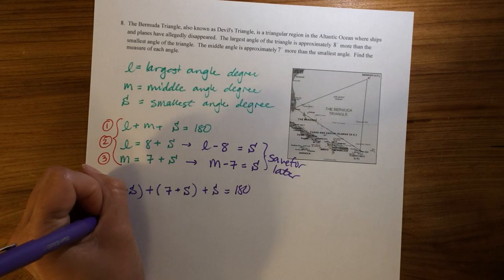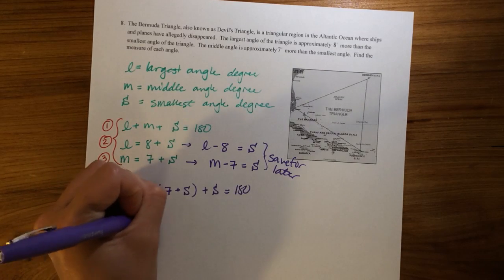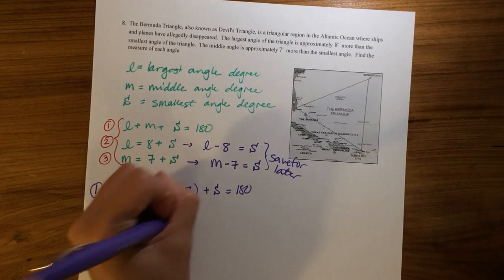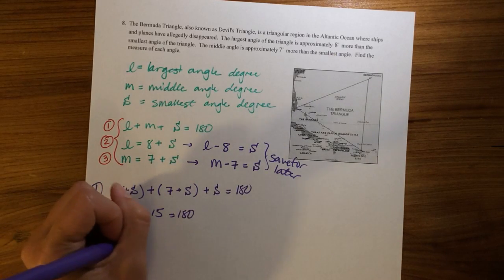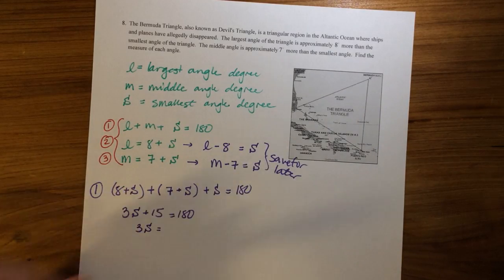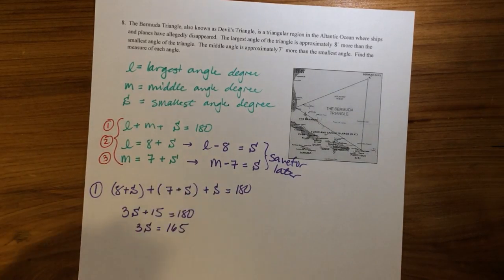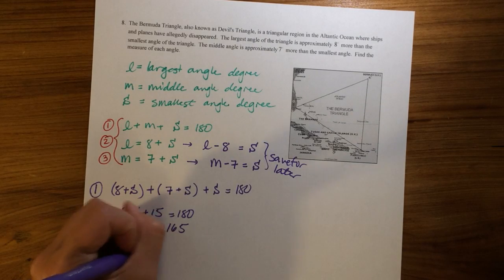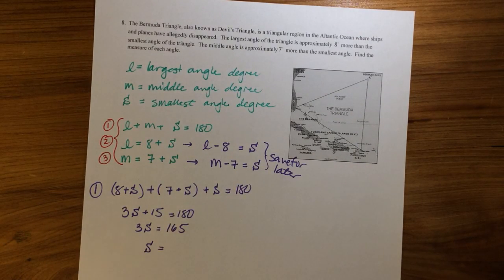So I've got that 3S plus 15 equals 180. Now subtract over the 15, so 3S is equal to, what is that, 165? So then S is equal to whatever 165 divided by 3 is. What is that? 55.